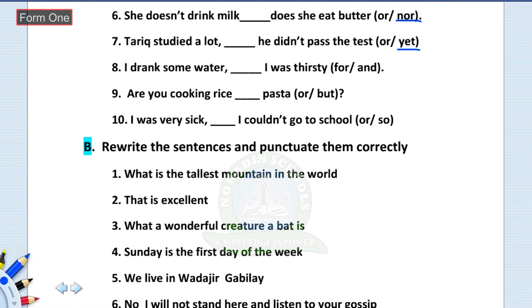The correct option is for. Nine, are you cooking rice, dash, pasta? Now you have got two options, or and but. Which one is correct? The correct one is or.